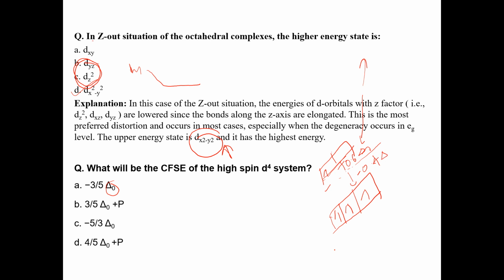So the energy is 0.6 delta naught minus 1.2 delta naught, that is minus 0.6 delta naught, and you can write down minus 3 by 5 delta naught. Pairing energy will be 0 because there is no pairing.